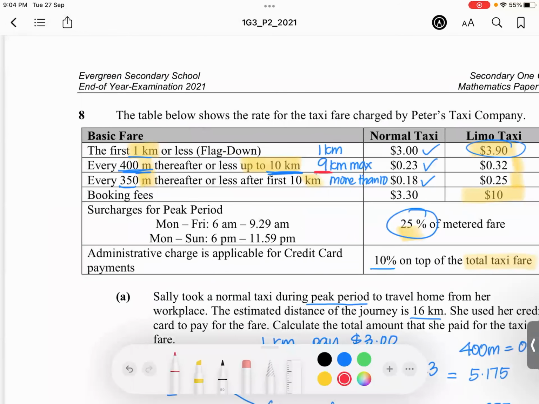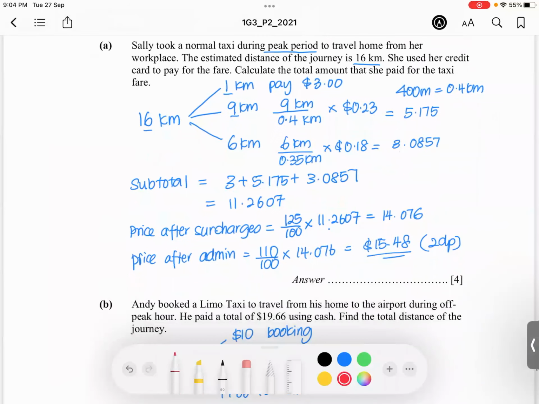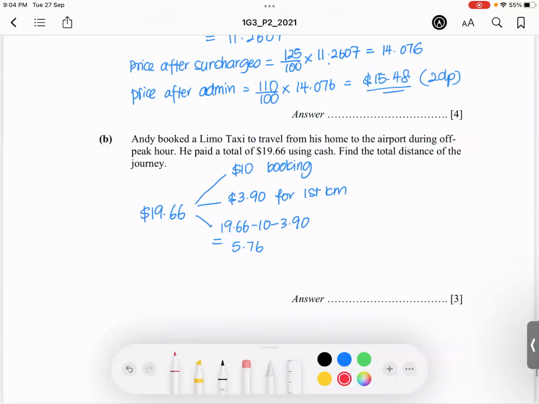If this is 9 kilometers, this is 400 at a rate of 0.32. Let me check something. If I were to assume it is the maximum price that I can go to for 9 kilometers, I divide by 0.4 times a rate of 0.32.